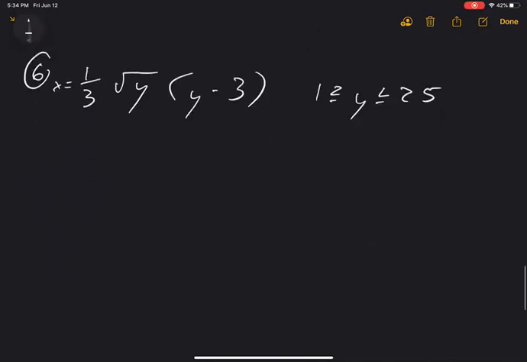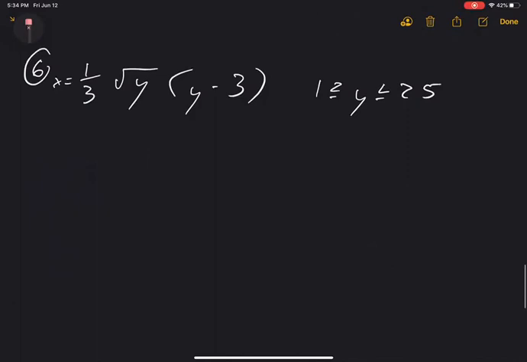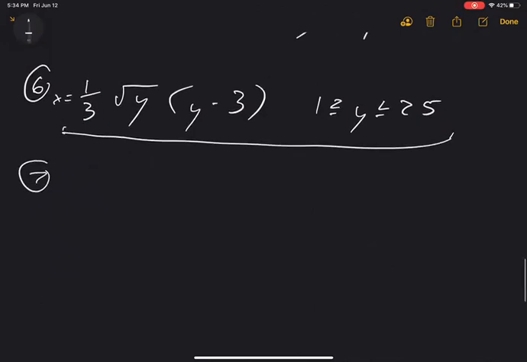I would maybe suggest distributing this and see what happens. I won't solve the rest of that one. Number 7 looks a bit tricky. Let me know if this is trickier than I'm assuming it is, but it looks fairly straightforward for number 6.